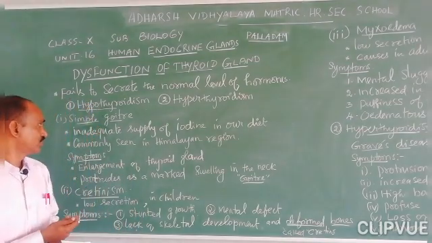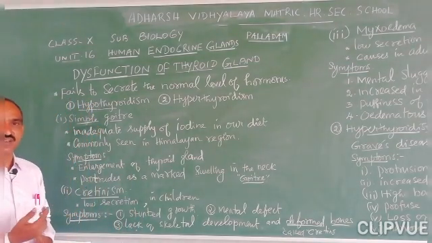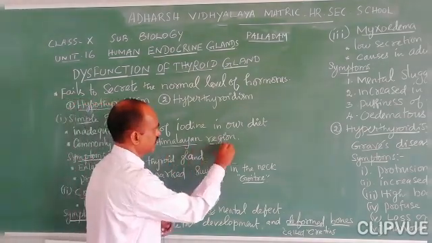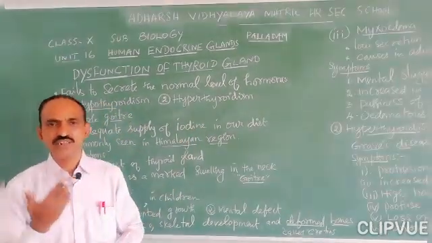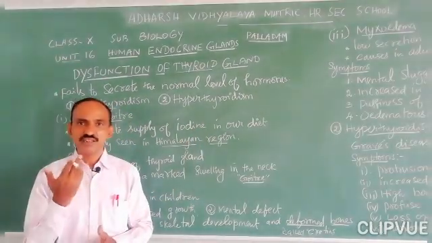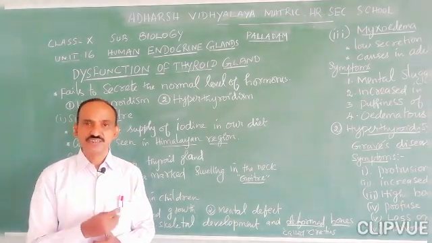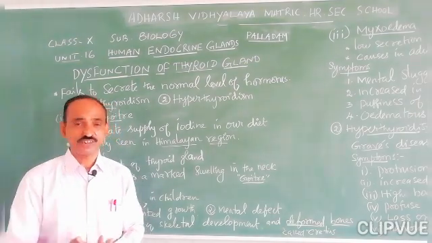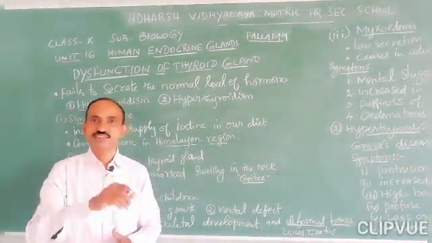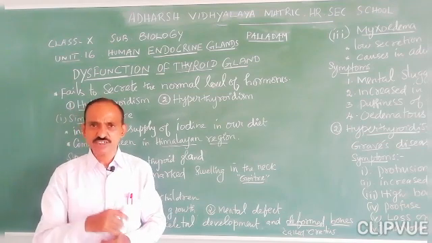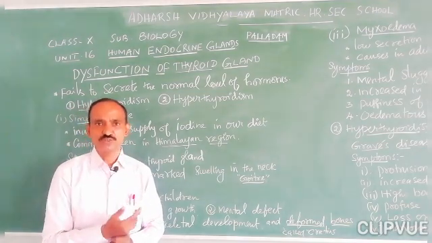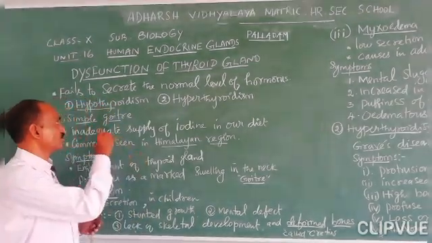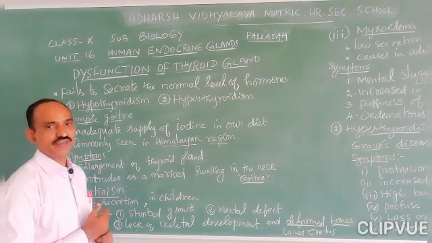Simple goiter is mostly seen in the Himalayan region. Why only in the Himalayan regions? Because the soil there naturally contains less iodine, and even the water has less iodine content. People who live and consume food from the Himalayan regions suffer from simple goiter.